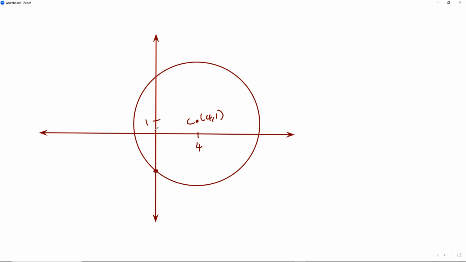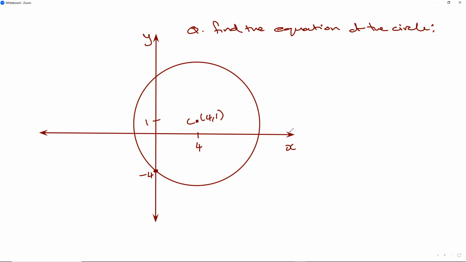And you're also given that this point over here is -4. Okay, so the question says, find the equation of the circle. All right, so this is y and this is x.